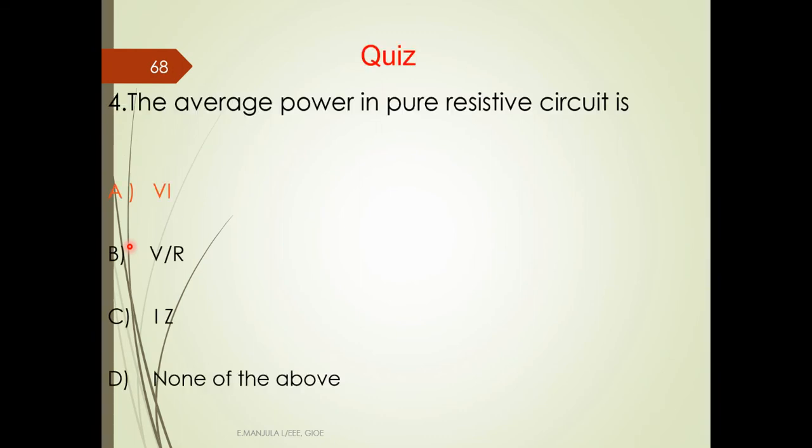So today we discussed the resistor R, capacitor and inductor, inductive reactance, and capacitive reactance. We checked the waveforms of the resistor, inductor, and capacitor, and the vector diagrams of the resistor, inductor, and capacitor.